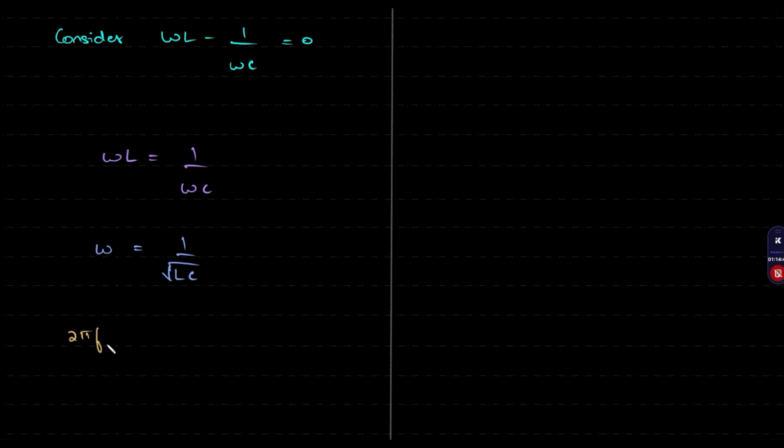Your resonating frequency for a given LC connected in series would be 1 by 2 pi root of LC. If you have a radio fixed to a particular frequency, this is the frequency at which your station has to broadcast for that radio to pick up.